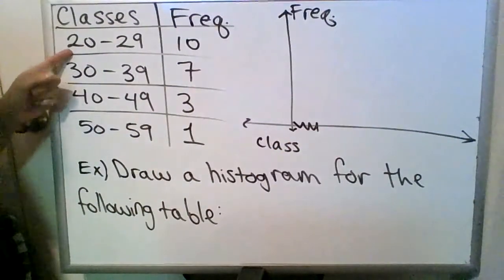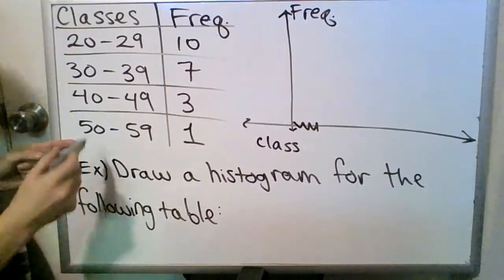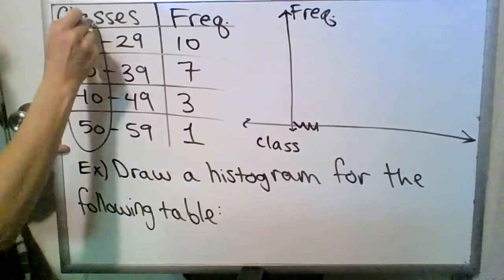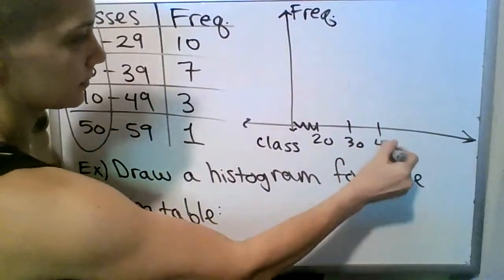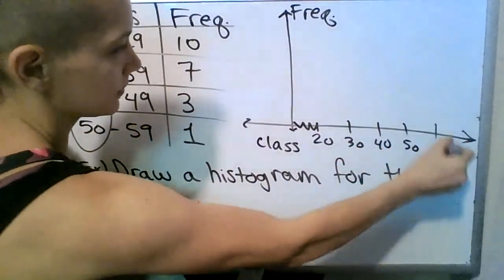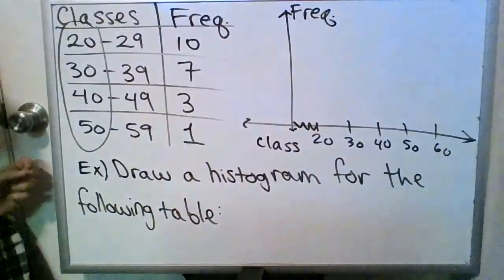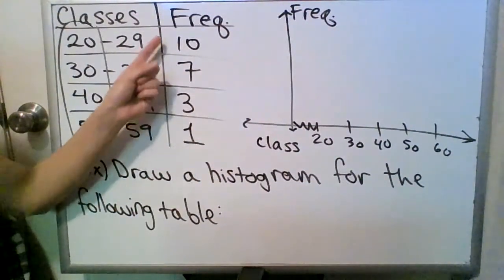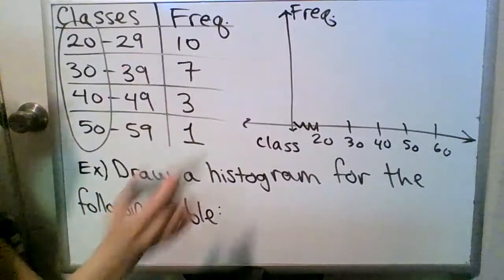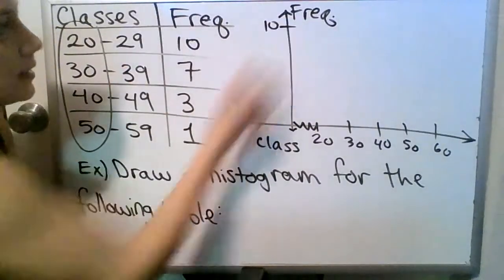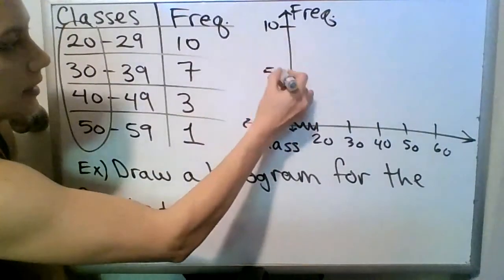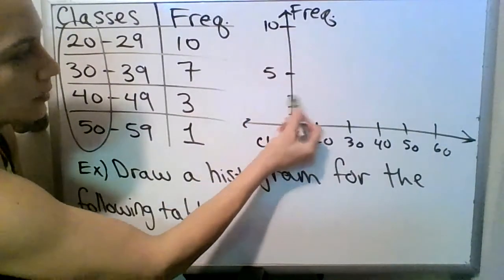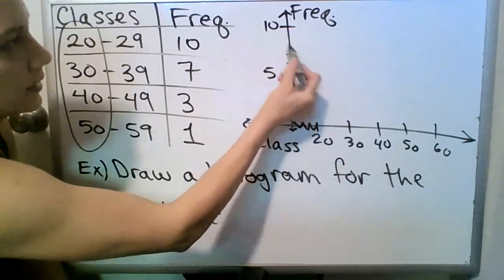And then start at 20, then mark 30, 40, 50, and 60. This time, the most you have for frequencies is 10. So I'm going to start there. Go halfway is 5, and then kind of label 1, 2, 3, 4, 5, 6, 7, 8, 9.